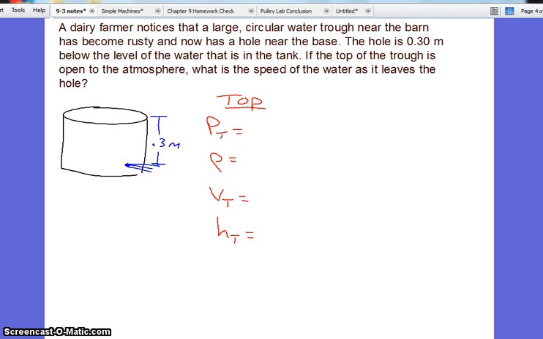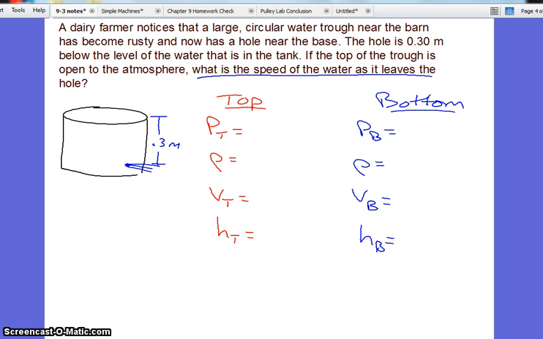And what do I know about the bottom of the water trough? I need to know the pressure, the density, the speed, and the height. Now my one unknown, it asks what is the speed of the water as it leaves the hole at the bottom. So we're finding that value. So I need to know everything else.